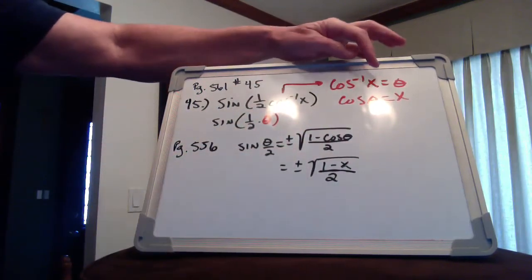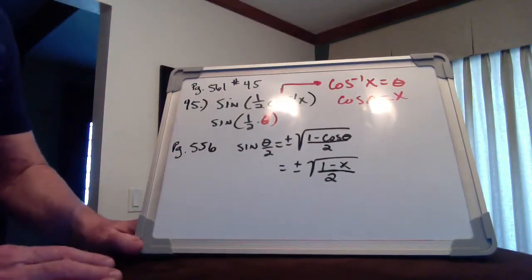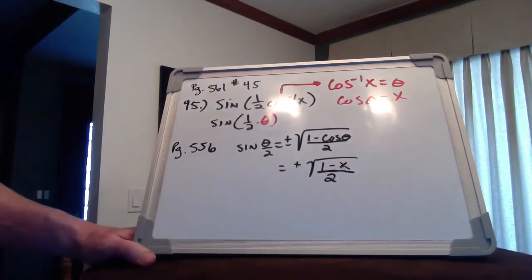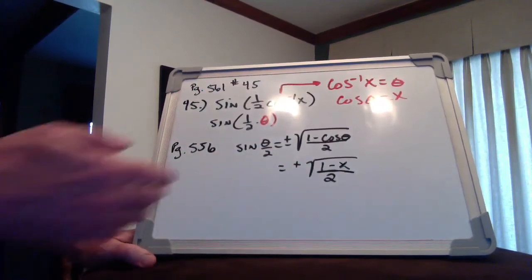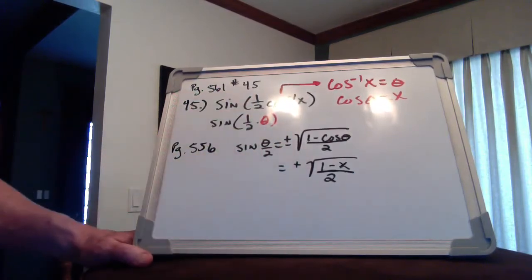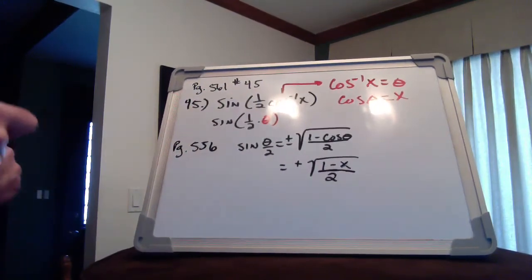Now, since I'm given theta and the x is positive, I'm going to assume that I'm in the first quadrant, so I'm going to reject the negative and accept the positive. You can leave it with the positive sign, or you don't have to put the positive sign, because if you don't have a sign, it's understood to be positive. So this is your answer right here.